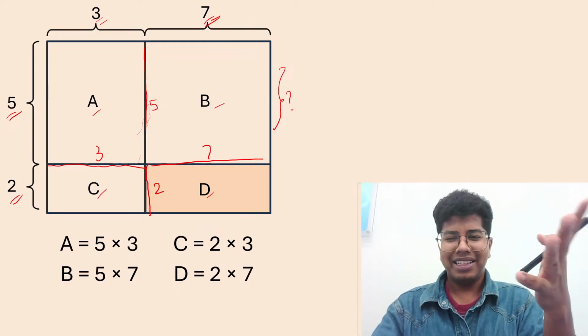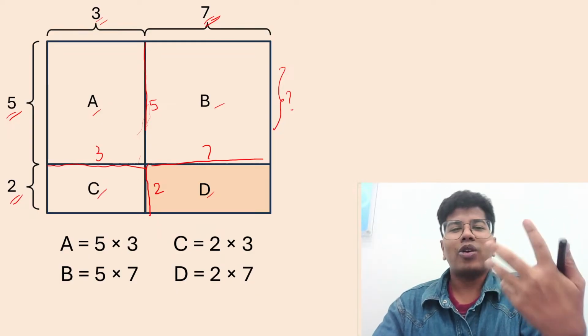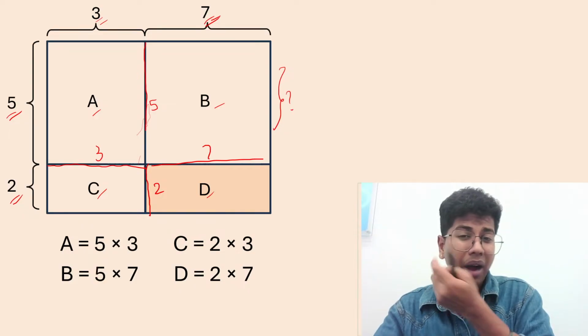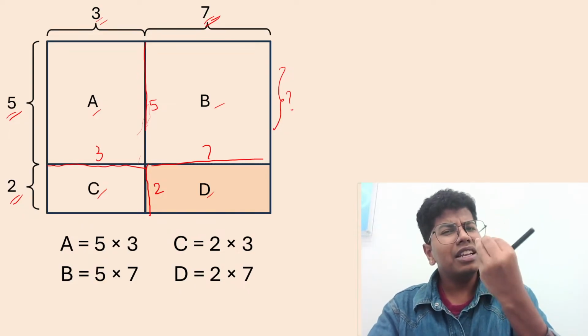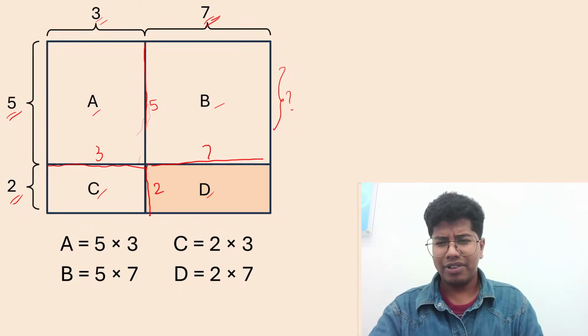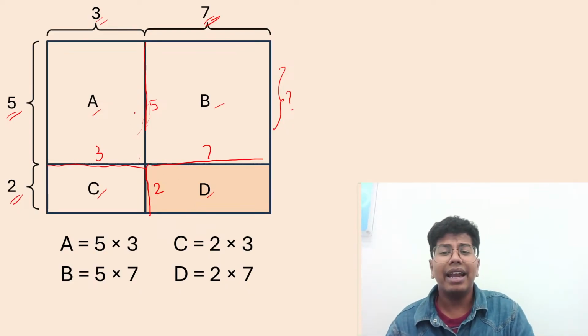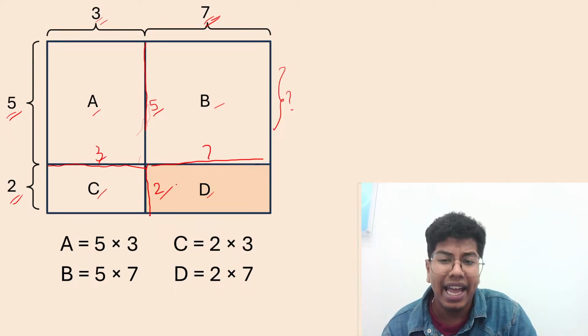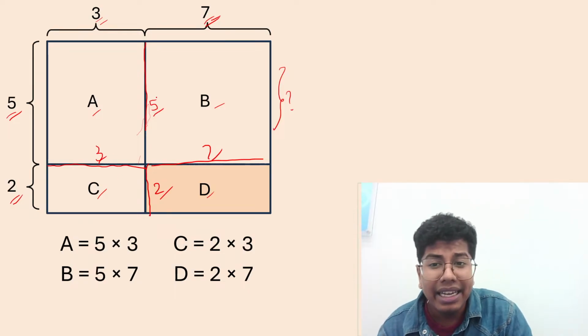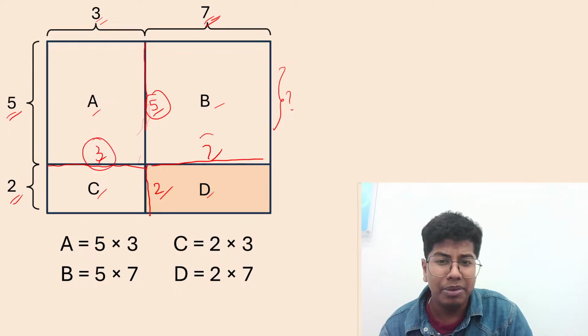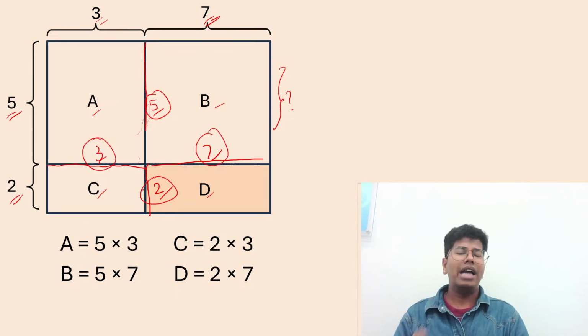Now, the problem is we got all the values, but let's see if there is something that we can observe. For all the rectangles present here, there are sides that share the same length. That is, 5 has been shared, 3 has been shared, 7 has been shared, and 2 has been shared.